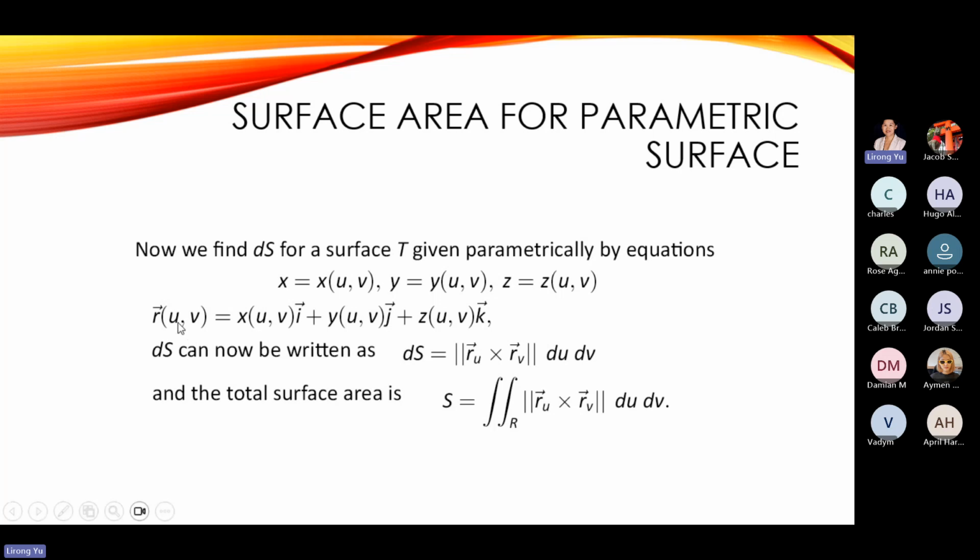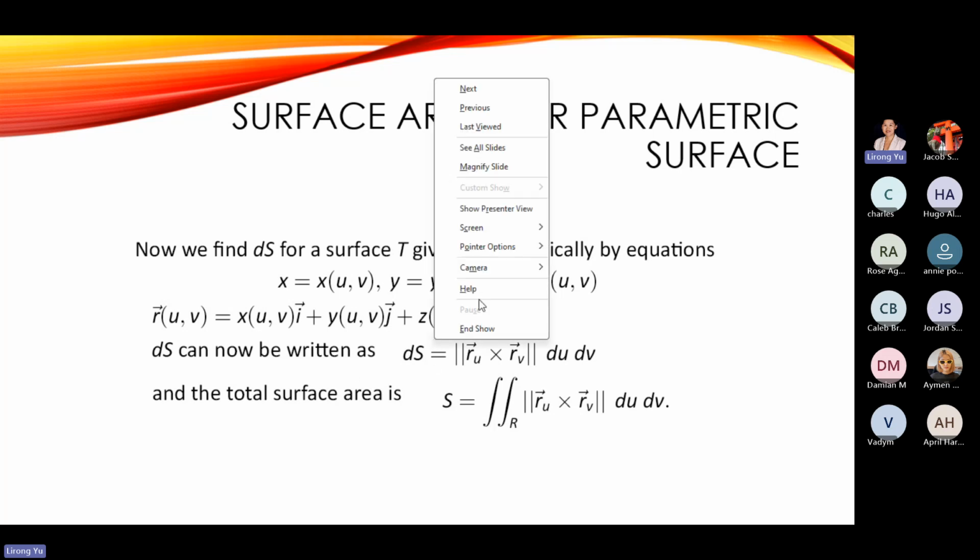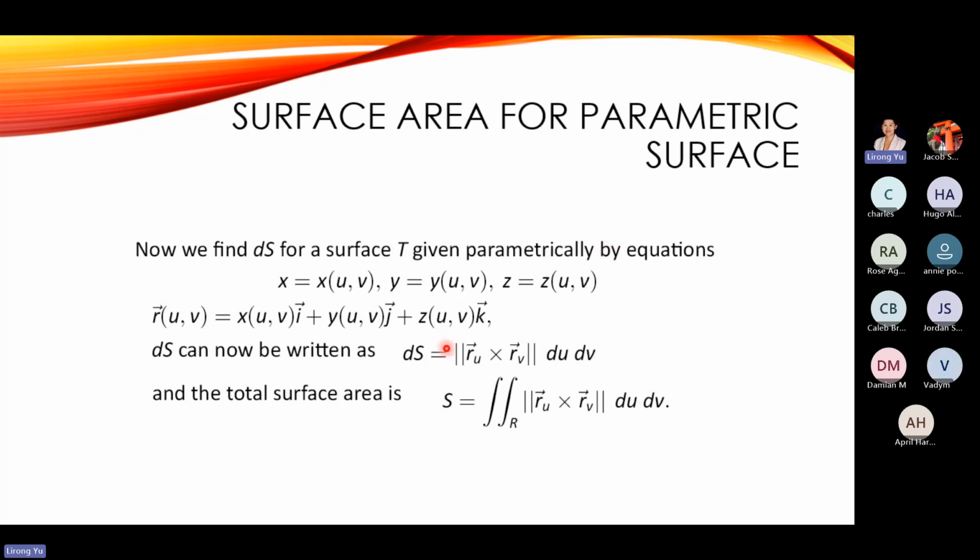So the surface is r(u,v), or instead of r(t) like in chapter 11, now we have r(u,v). It's a bivariate vector-valued function. The value of this function is (x(u,v), y(u,v), z(u,v)), a three-dimensional vector. So in this case, we need to be able to devise dS. dS is our differential for the surface area.